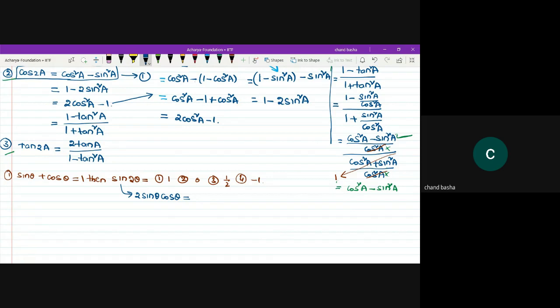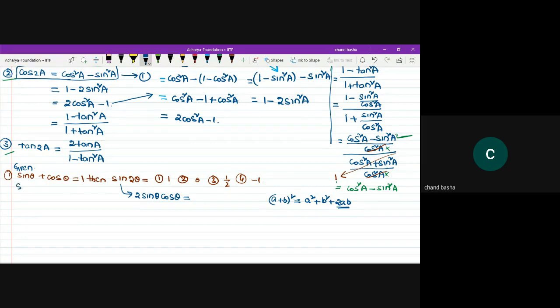And what is the given condition? Sine theta plus cos theta is equal to 1. Whenever an addition is given to you, to get the product term you can square on both sides. I can make use of the formula a square plus b square plus 2 times ab. The 2ab product will be obtained here.